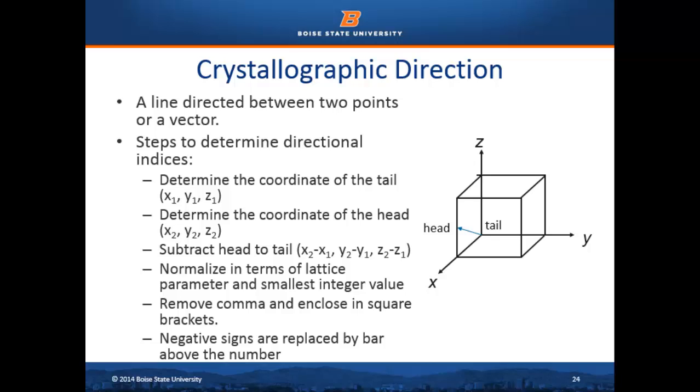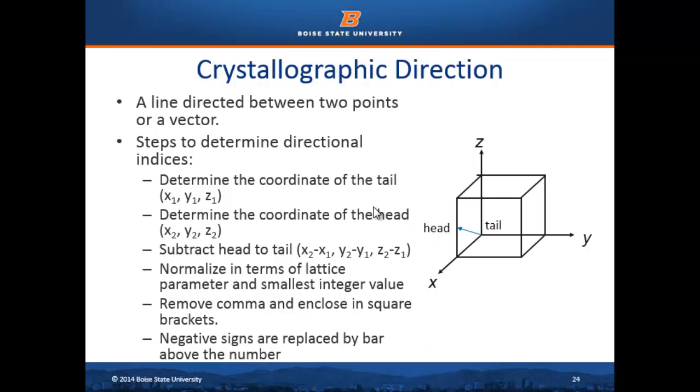A crystallographic direction is a line directed between 2 points, or a vector. The steps to determine the directional indices are easy. We will first go through the steps and a few examples. First, we determine the coordinates of the tail, x1, y1, z1. Then we determine the coordinates of the head, x2, y2, z2.